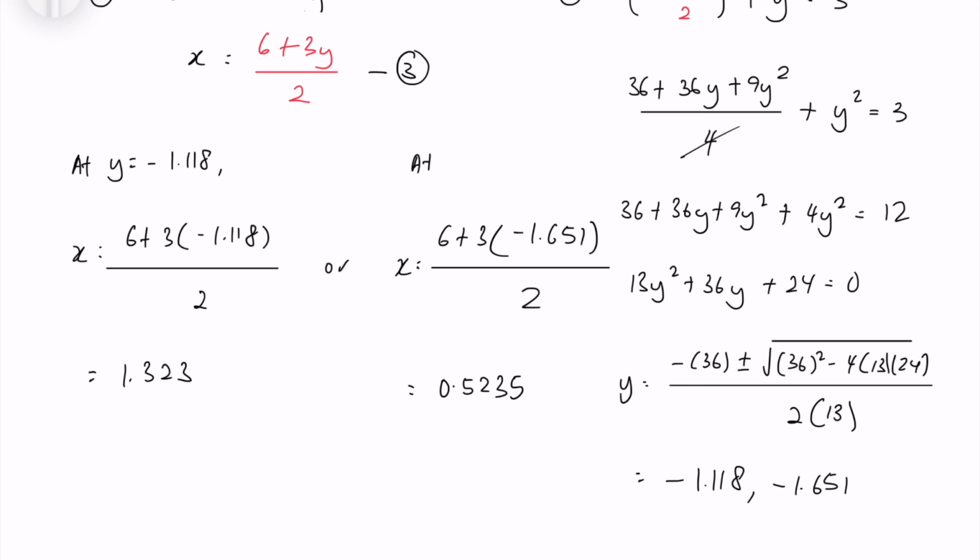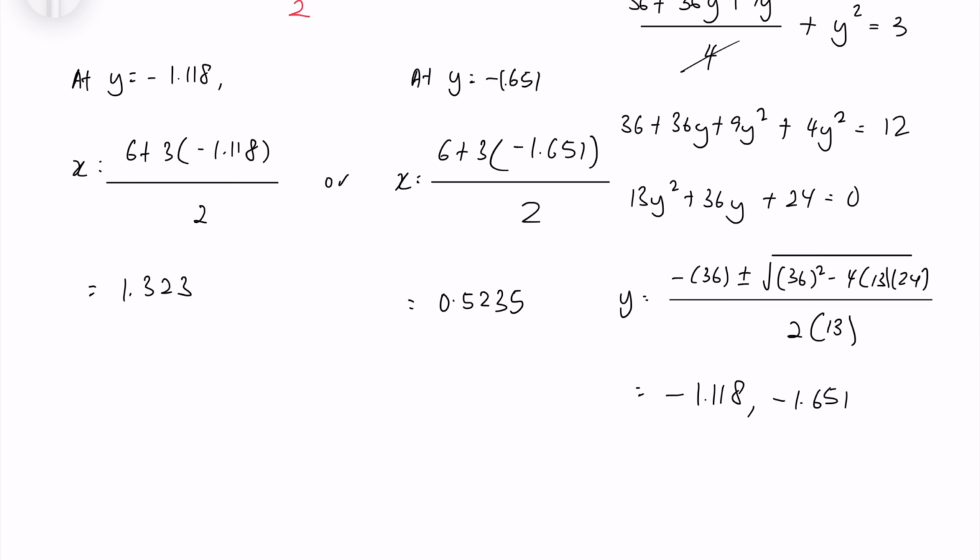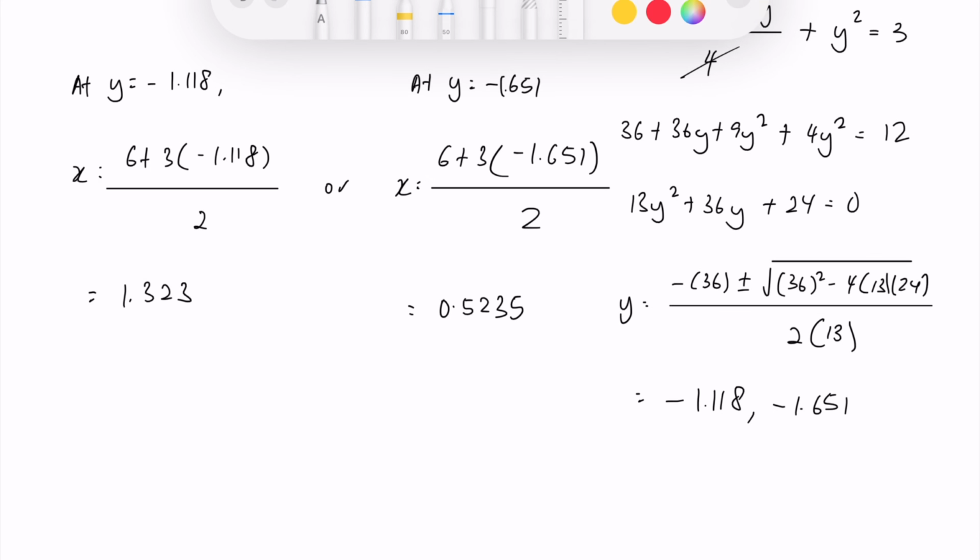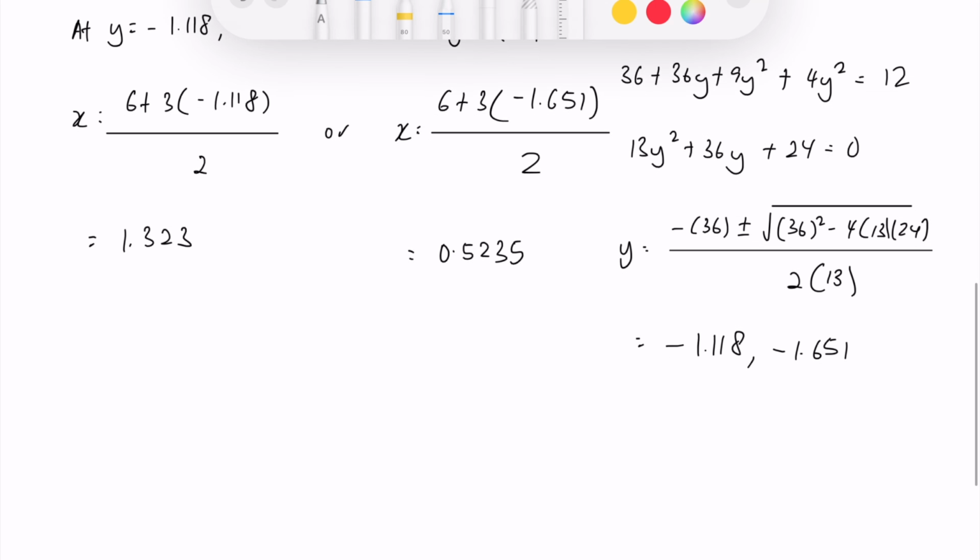This is at y equals negative 1.651. Now sometimes the question will also tell you, hey, these 2 x and y's, they're coordinates and they want you to write the coordinates for them. How do you do that? If they ask you for coordinates, then you want to be writing this.